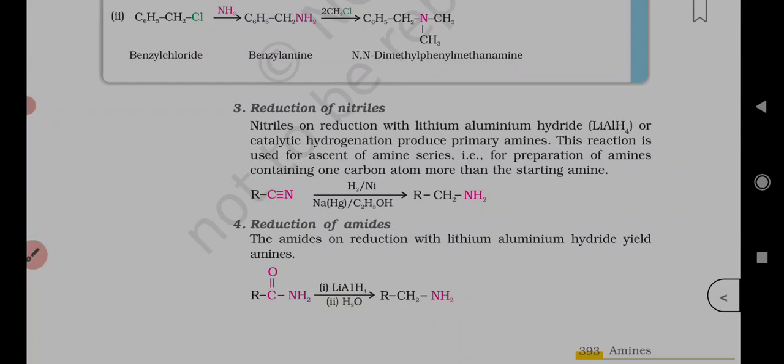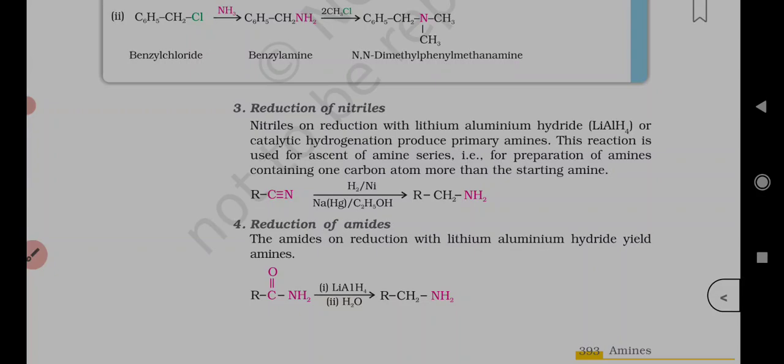Aromatic primary amines cannot be prepared by this method because aryl halides do not undergo nucleophilic substitution with the anion formed by phthalimide.